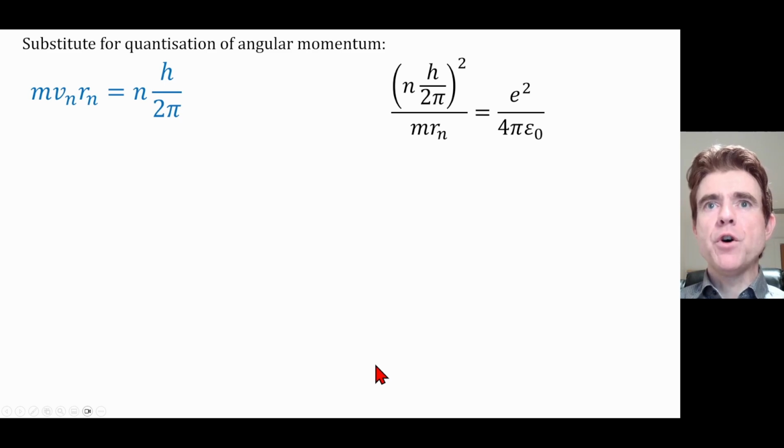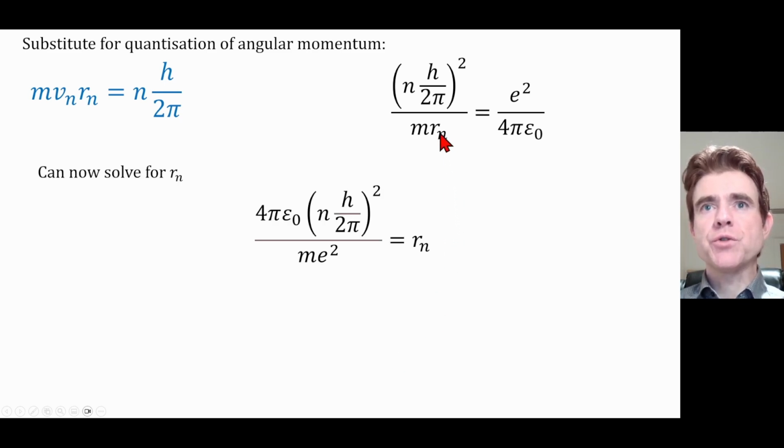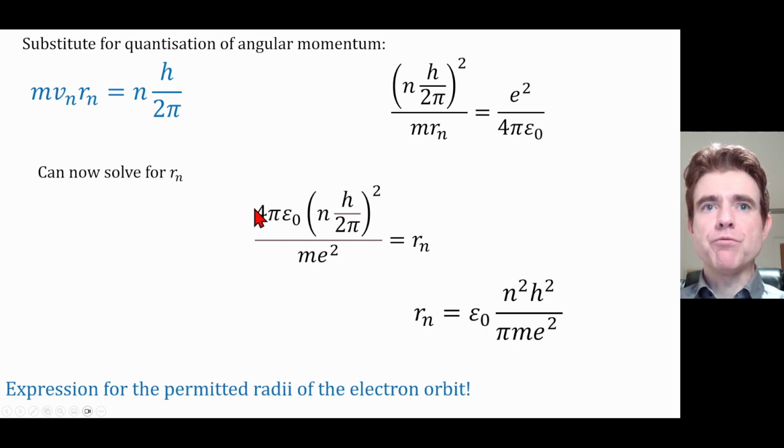We can then work further with that to rearrange so as to solve for rn. So rn, just by rearranging that expression, is clearly given by the expression in the middle of the slide there. And again, if we rework things there, if we do cancellations, we can rework that to get rn is equal to epsilon naught, permittivity of free space, multiplied by the integer n squared, where n goes from 1, 2, 3 up to infinity, multiplied by Planck's constant squared, divided by pi, mass of the electron, charge of the electron, squared.